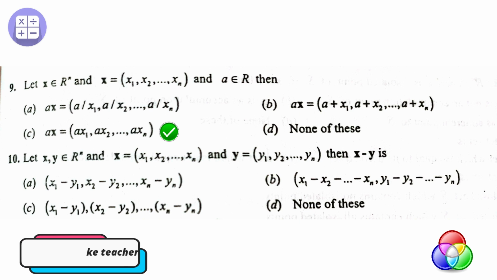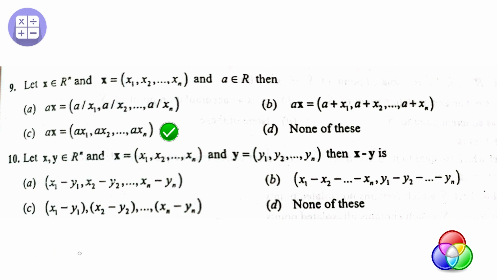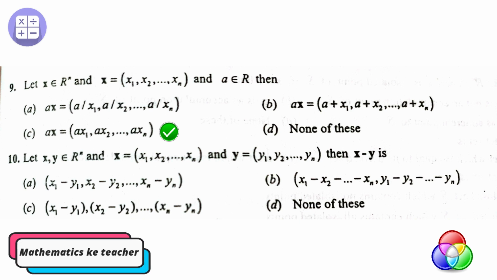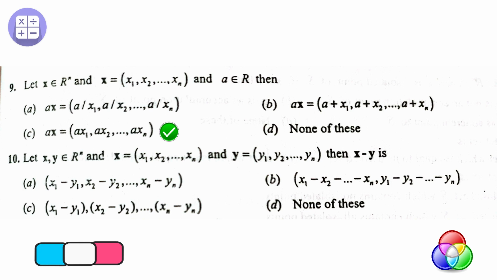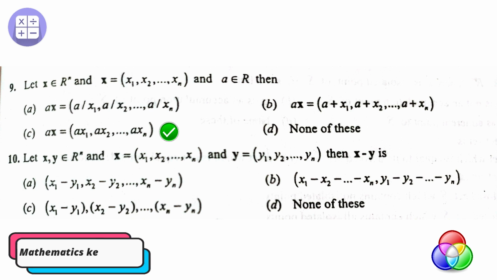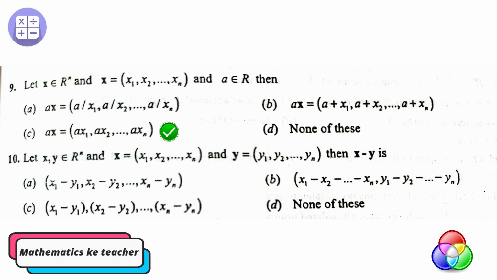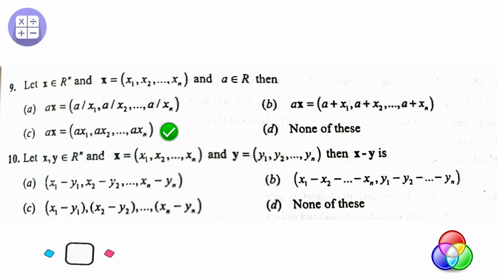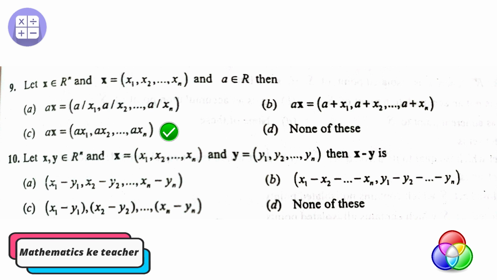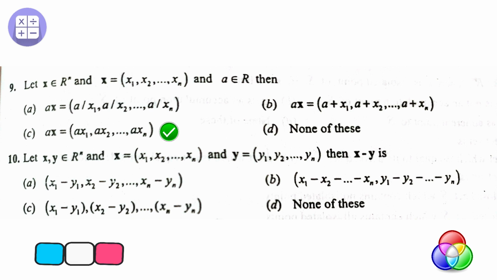Number 10. Let x, y belong to R^n, where x = (x1, x2, ..., xn) and y = (y1, y2, ..., yn). Then x minus y is: A, (x1 - y1, x2 - y2, ..., xn - yn). B, (x1 - x2 - ... - xn, y1 - y2 - ... - yn).